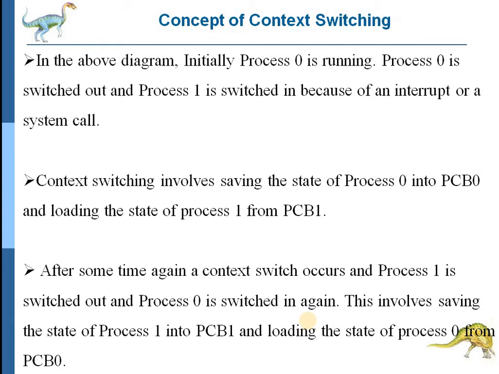Initially, process P0 is running. Process P0 is switched out and process 1 is switched in because of an interrupt or a system call. Context switching involves saving the state of process 0 into its PCB0 and loading another process, that is process 1, from its PCB1.